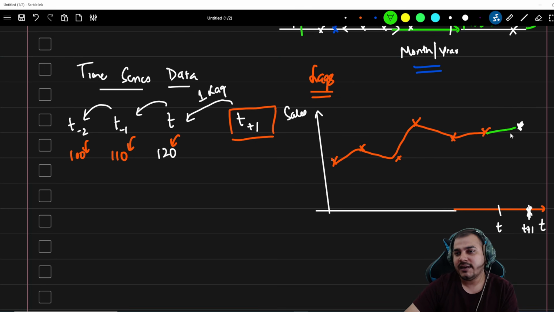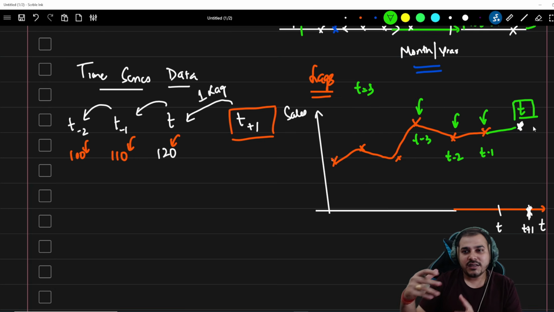In order to calculate this, we will be dependent on this time lag, this time lag, and this time lag. Let's say my time lag is 3. That basically means I'll be dependent on T minus 1, T minus 2, and T minus 3 in order to predict this current time T, right?